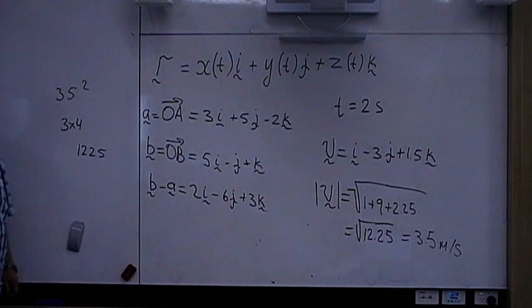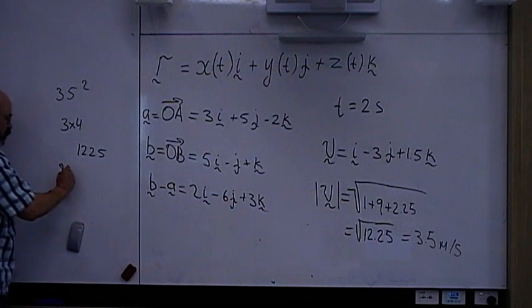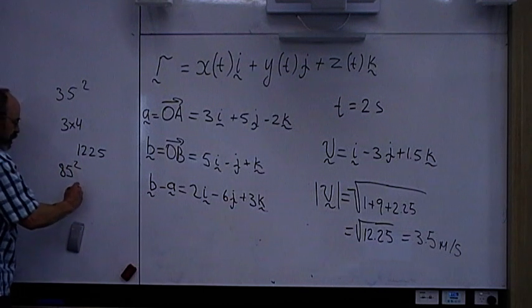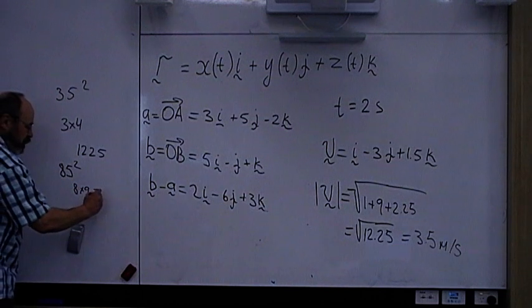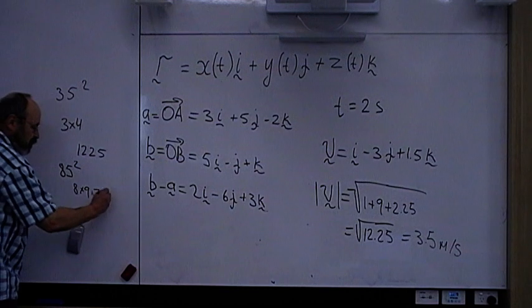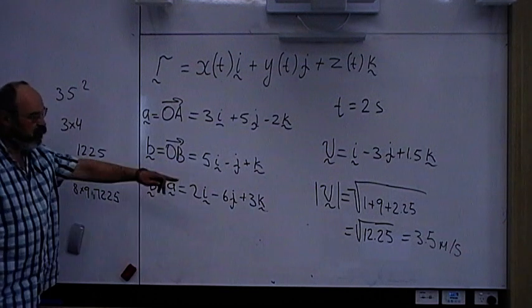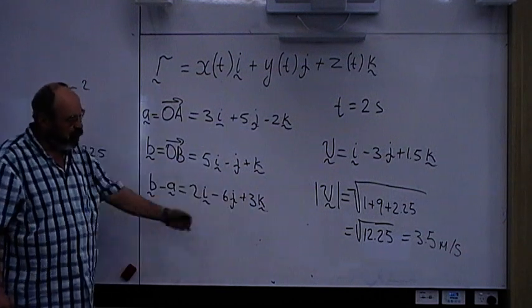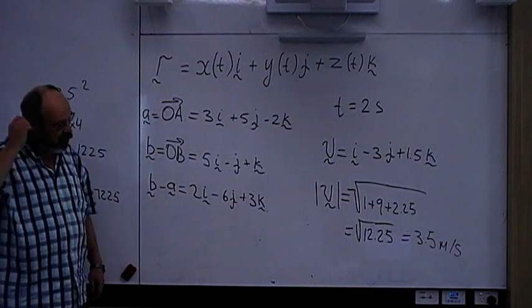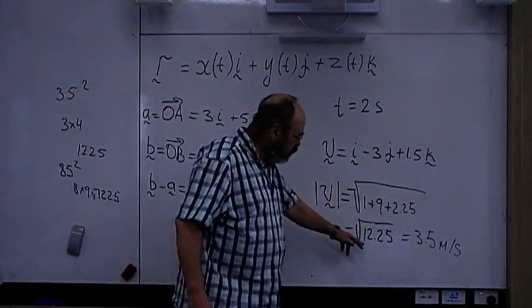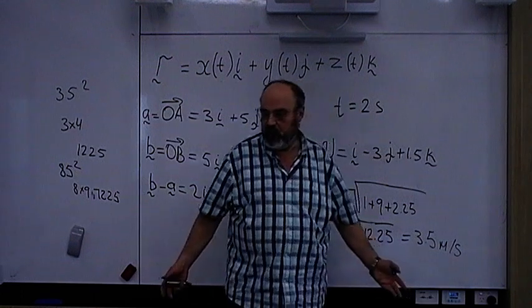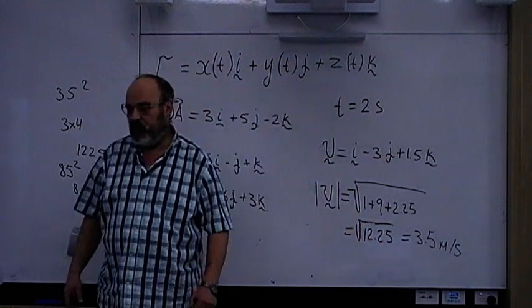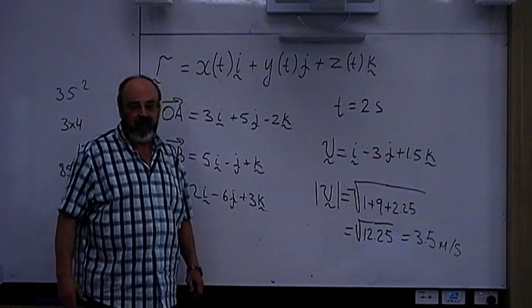If you want to square, for example, 85 squared, it will be 8 times 9, the number 1 greater, which is 72, then 25, so 7225. So when you see 1225, 12 is 3 times 4, so it has to be 35, but because of the decimal point, it will be 3.5. Damn. So it's pretty easy. Wow. If you know your arithmetic.